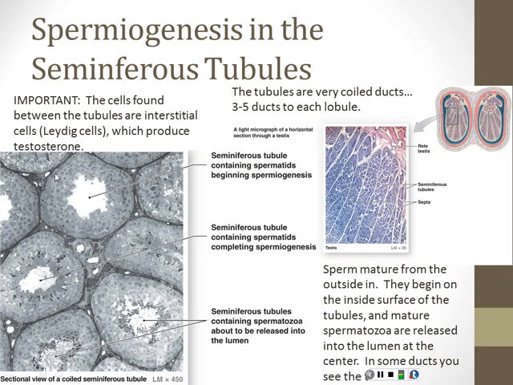So then if we zoom way in, each of these circles that we see is a duct in cross section, right? We've taken a tube and we've cut it lengthwise. These are the seminiferous tubules, and this is where spermatogenesis and spermiogenesis occur.